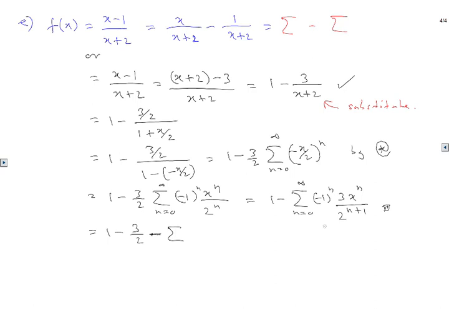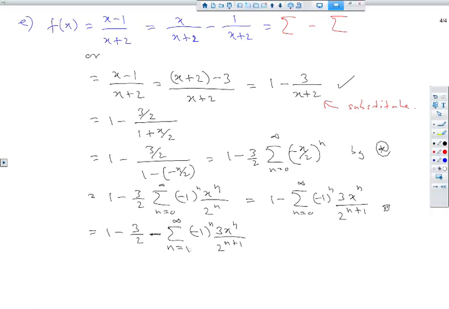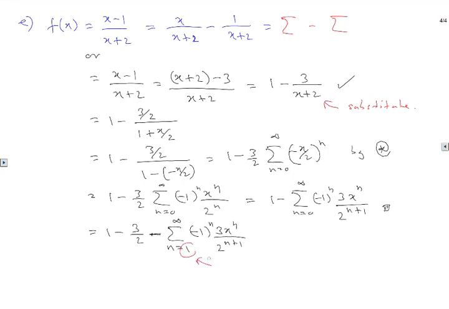Because you already plugged in n equals 0, start with n equals 1 now, because you evaluated the first term. So that means that's gone. So you only have negative 1 to the n, 3x to the n. No changes here. Only you change the index, because you already evaluated the first term.